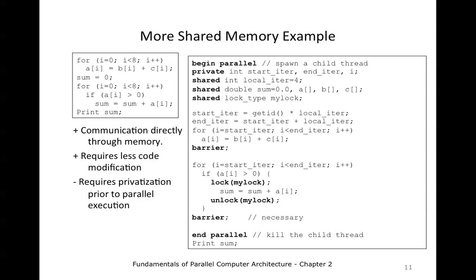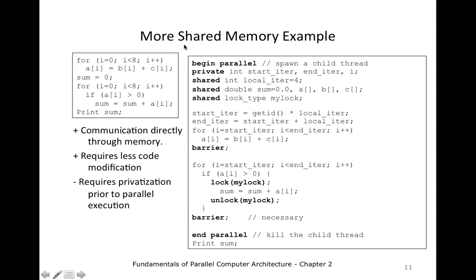Let's take a look at the code. First of all, we have to be able to replicate some variables from just one single instance into one instance per thread. Essentially it's called privatization.